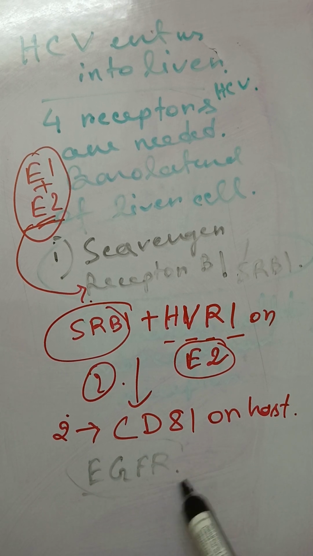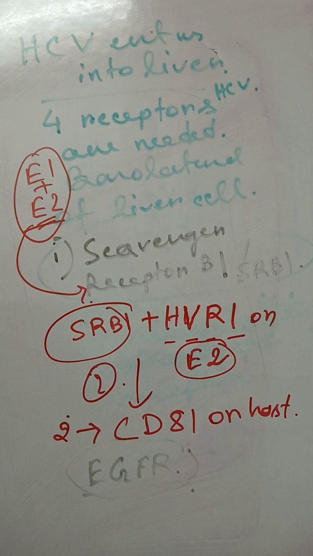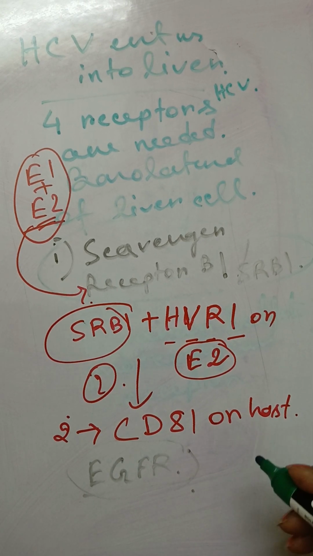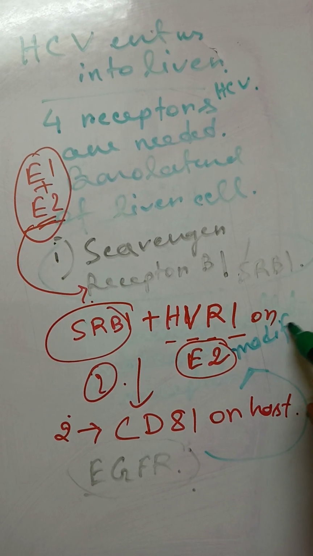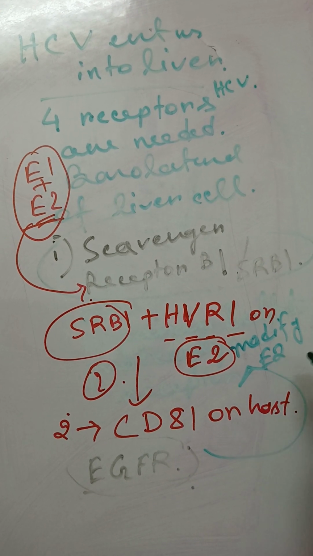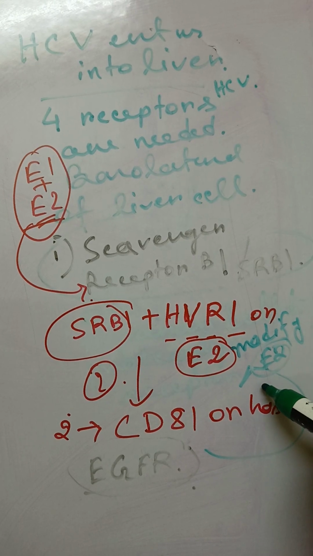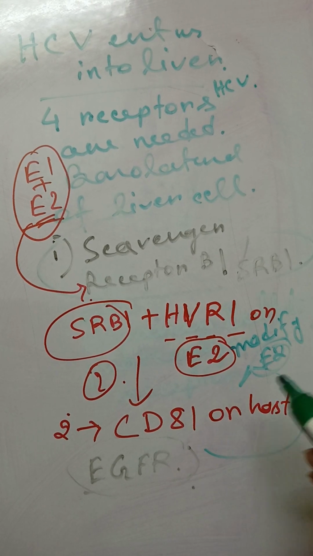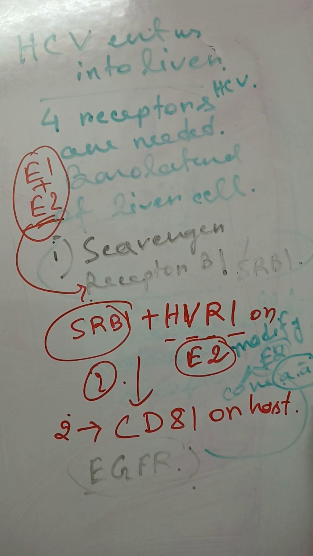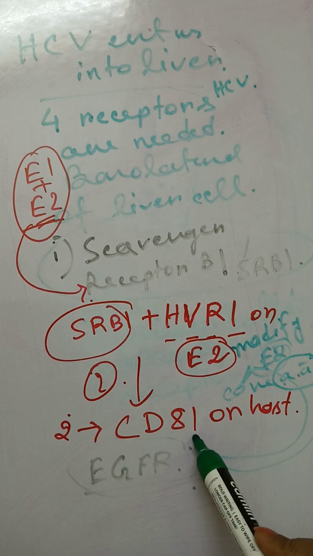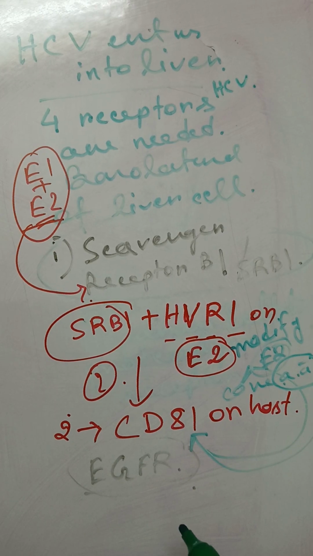This is from the host cell and acts as a stimulant, which modifies the E2 region's core domain. The E2 has a core domain that has specific amino acids required to bind to CD81 as a second receptor.